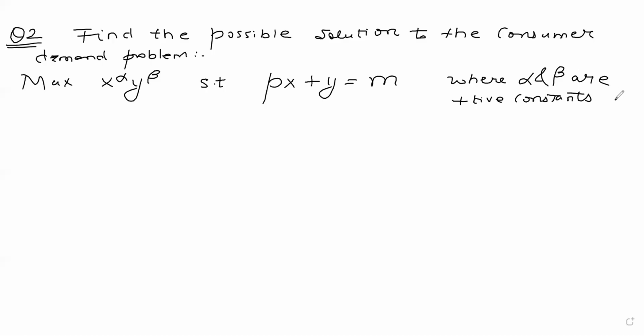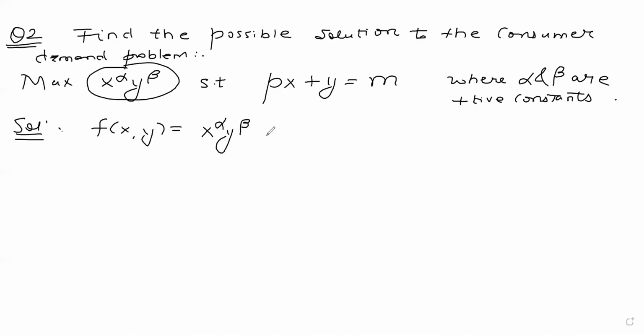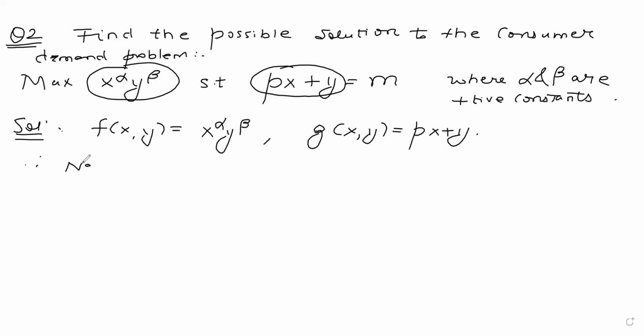Okay, so let's quickly solve this question. All students can clearly see, my objective function f of x, y is nothing but x to the power alpha, y to the power beta. My constraint function g of x, y is nothing but px plus y. What is my necessary condition?